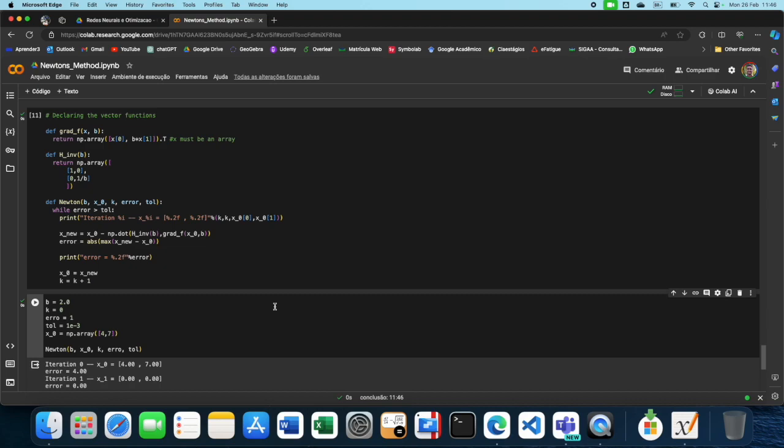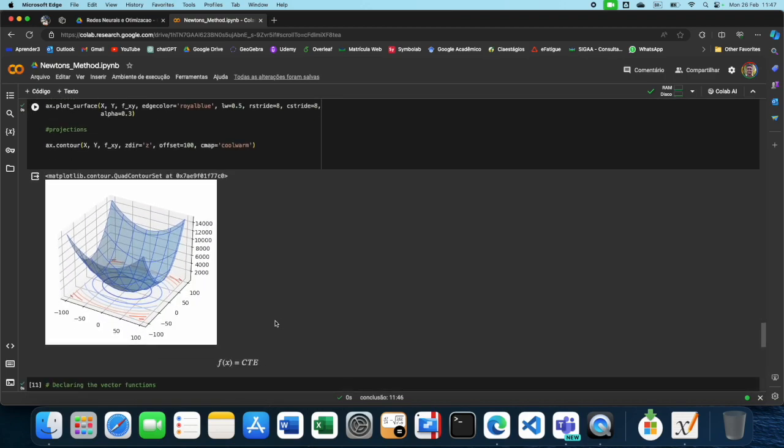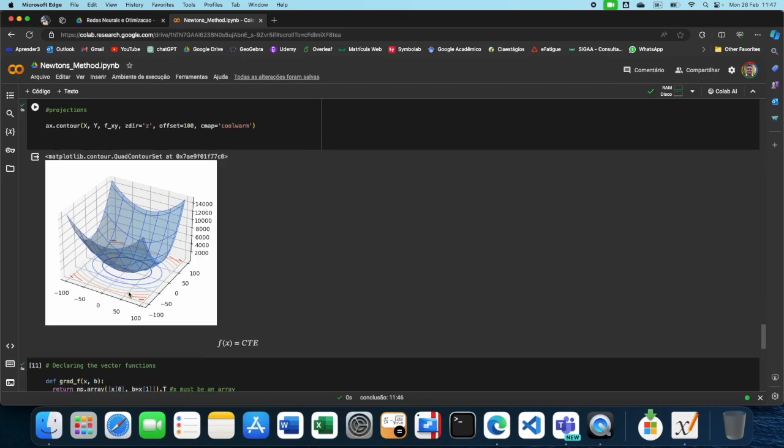So you go down very quickly because the slope of the function is very big. Here you can see that Newton's method is going downhill until the method finds this point right here.